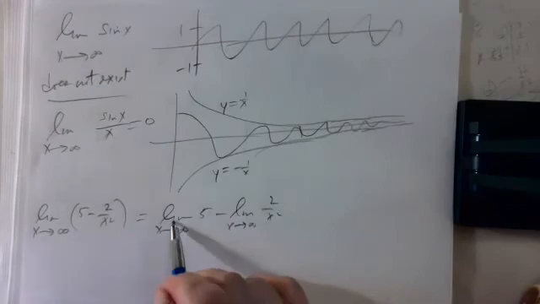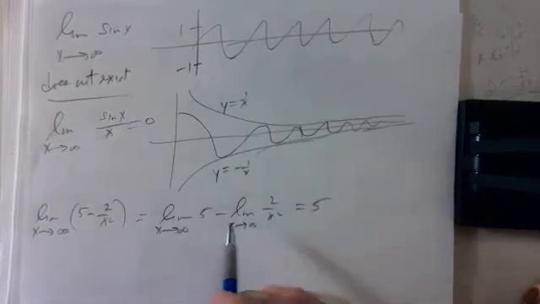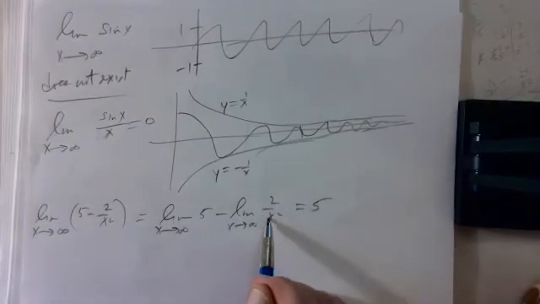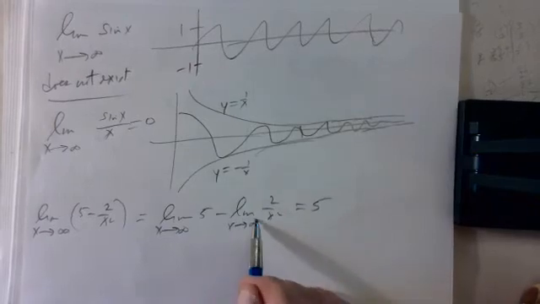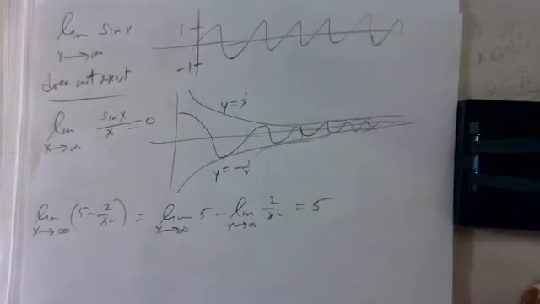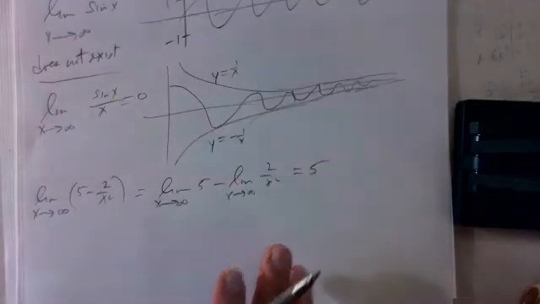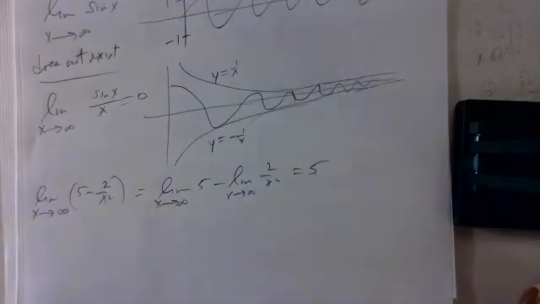This is the constant function 5. That limit is 5. 2 over x squared goes to 0. That limit is 0. So the answer is 5. Any questions about these? These are interesting.